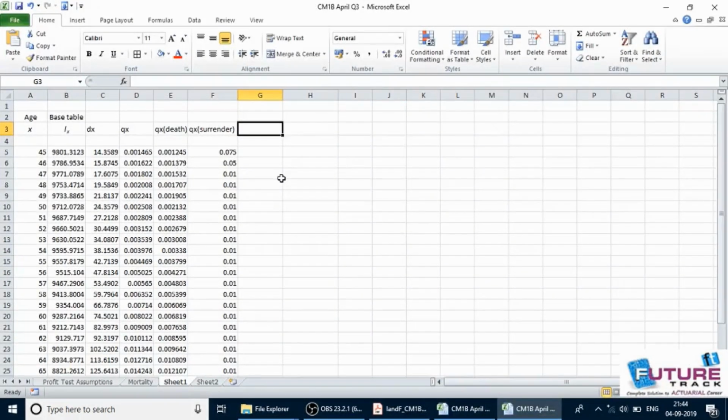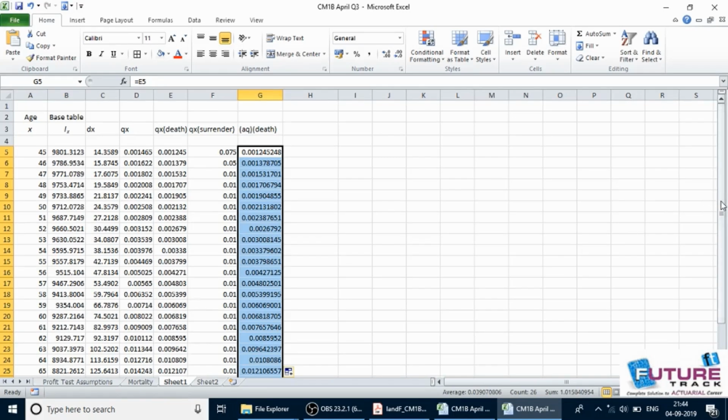So my aqx death is the same as qxd. Fine. Double click this. So we get the death rate.